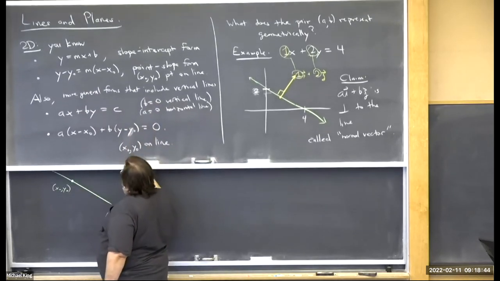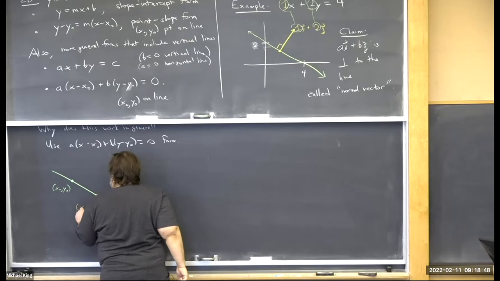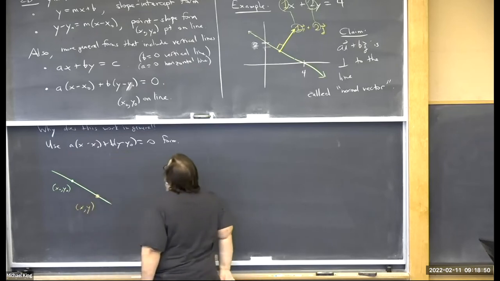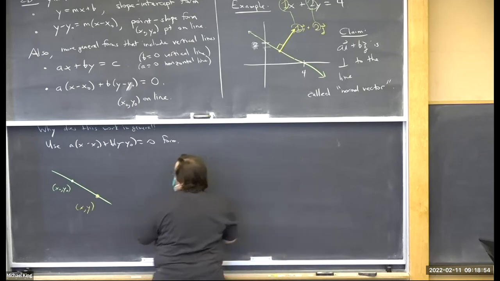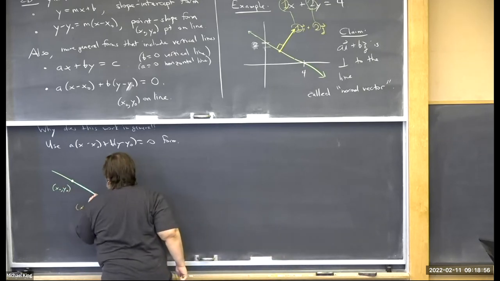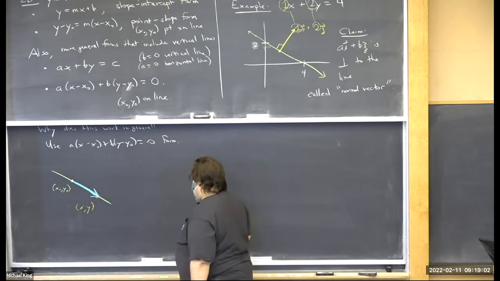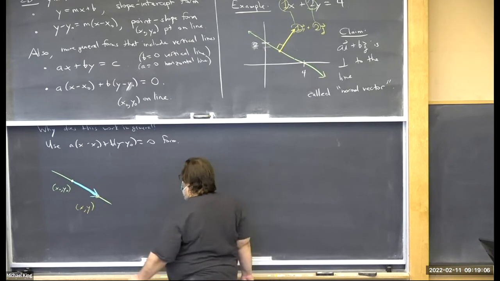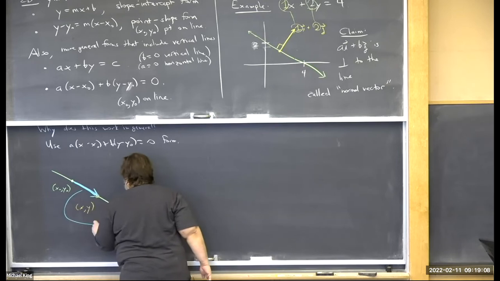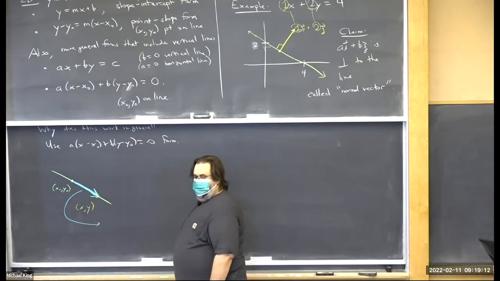Well, now think about this: if I have a point here on the line, (x, y), there's a vector right here. And what is that vector? What's the x component of that vector?